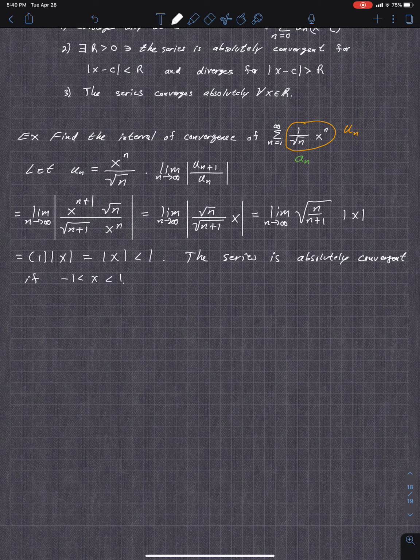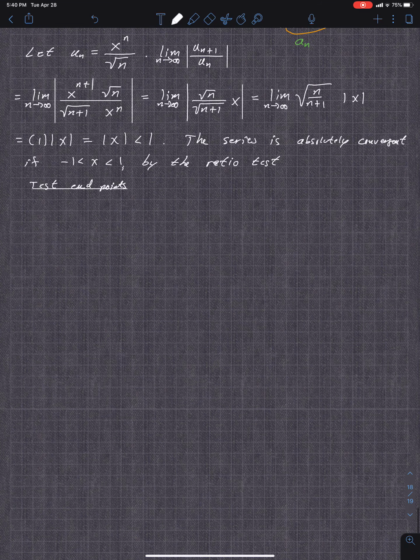That's the same thing. And you just want to say why, by the ratio test. All right, so now we want to test endpoints. This is often what many forget to do, so don't forget to do it.